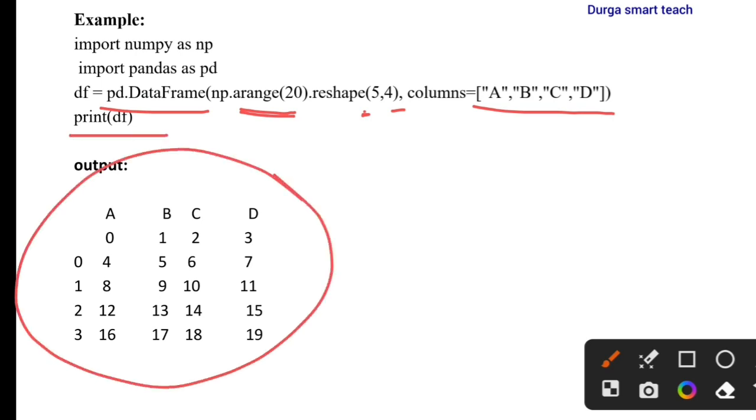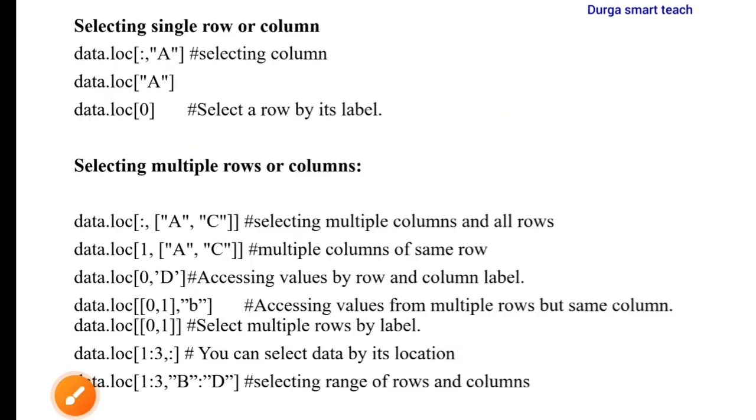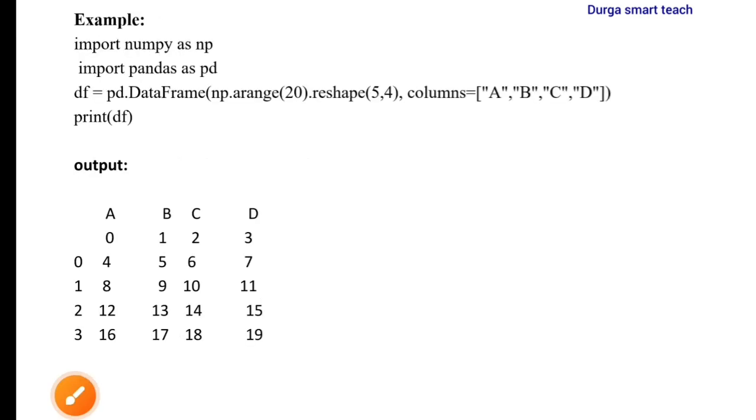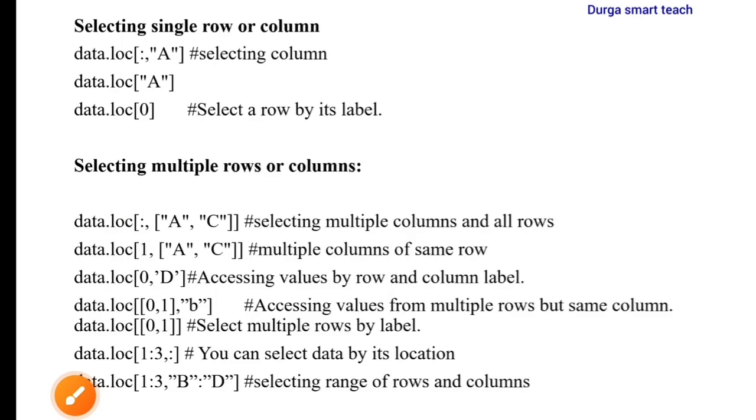This is the output data. Now we want to perform the operations. With data.loc, the colon represents all rows, with the a column, so it will display the total a column. After that, data.loc['a'] is also the same, it will display the total a column.